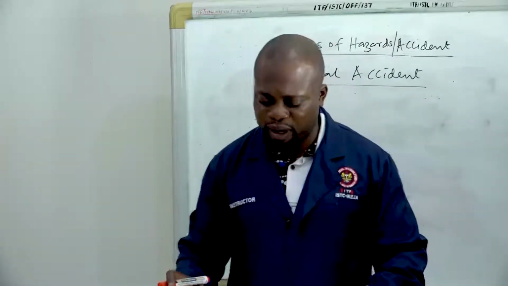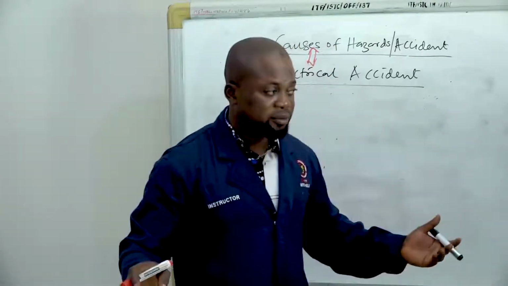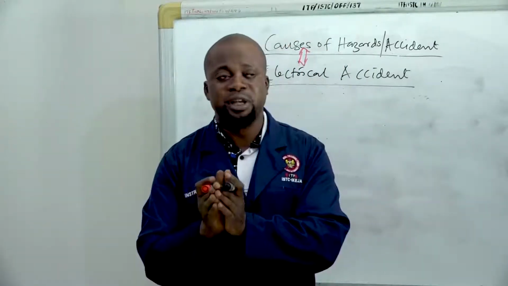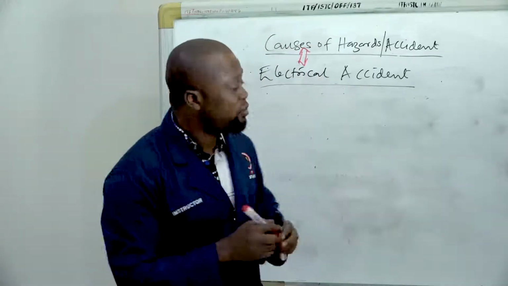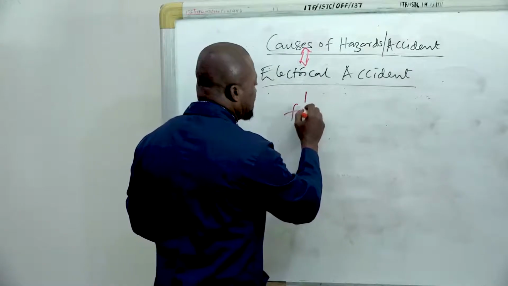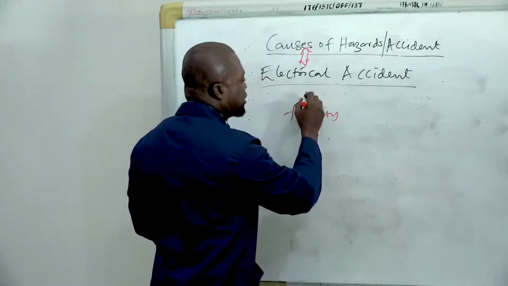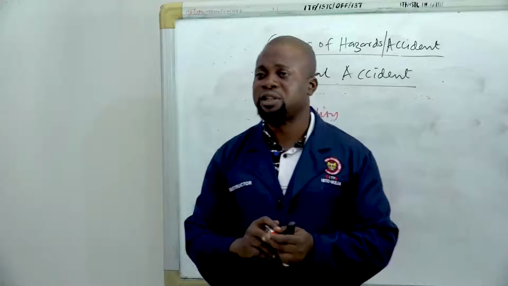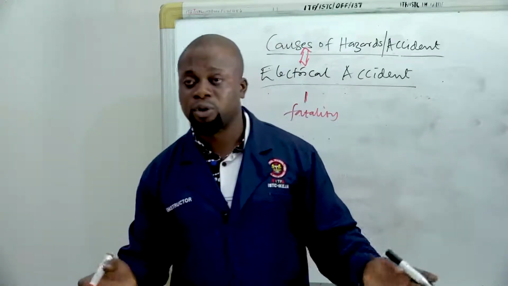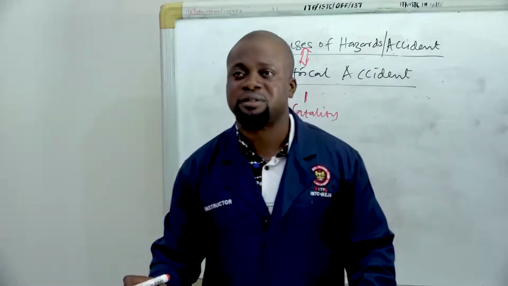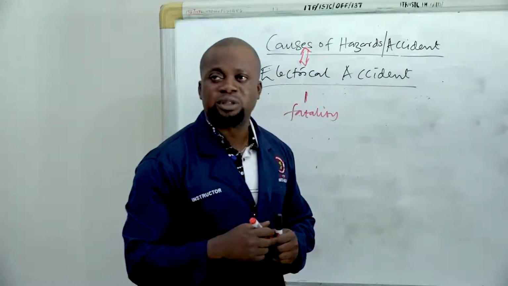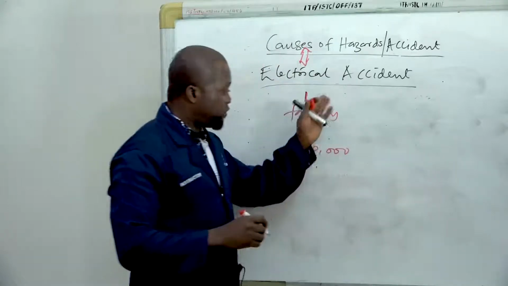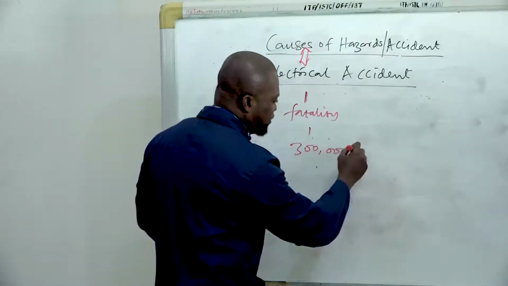If the leading causes that we have itemized are carefully looked at and avoided, even if it has to do with one fatality, before there is a fatal incident as a result of shock, there might have been several, 300,000 risk behaviors.